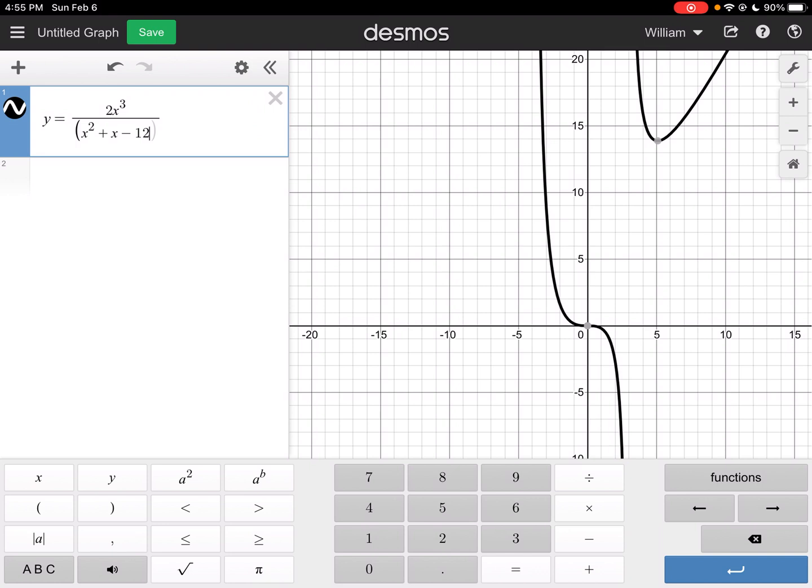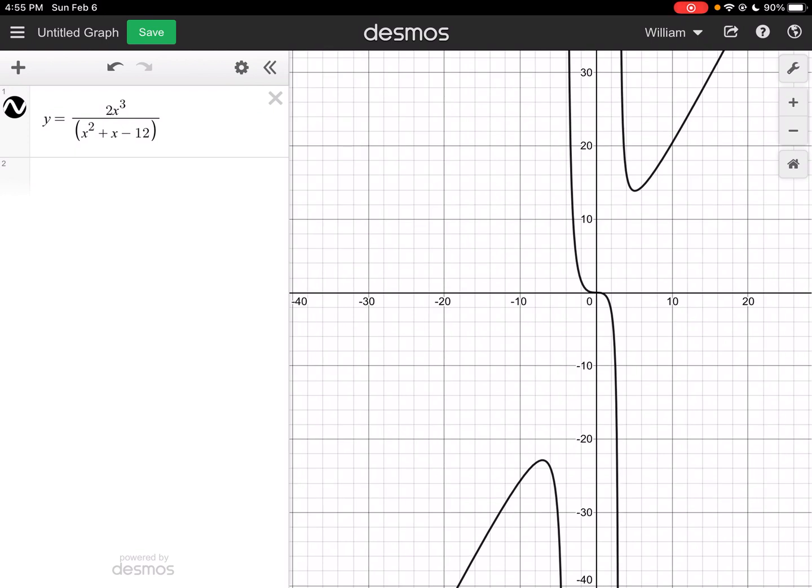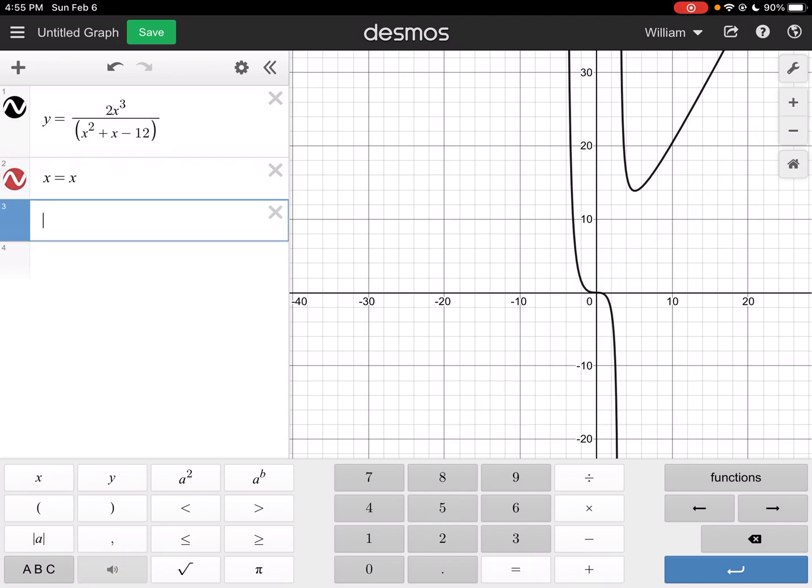And I might have to expand my graph out so I can see my other one, but I can see my oblique asymptote there, and I can see my vertical asymptotes. So I can type in x equals 4, so I can see that. Whoops, not x equals x, x equals 4.